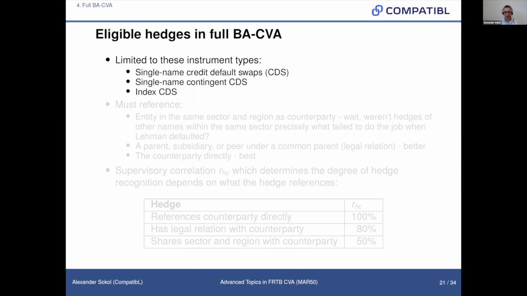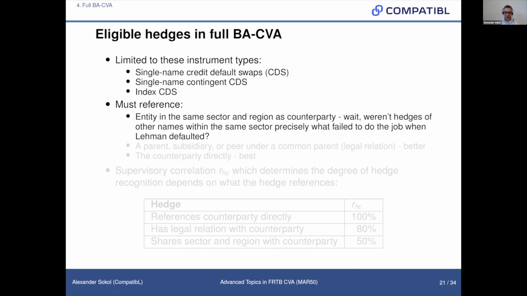There are also CDS which are denominated in a different currency, which are strictly speaking not contingent. So there are some less liquid types of CDS allowed, but normally you would hedge with liquid instruments, which are single name CDS and index CDS. Now, it's not all, right? Not all of these instruments are available. They also must reference an entity in the same sector and region as the counterparty.